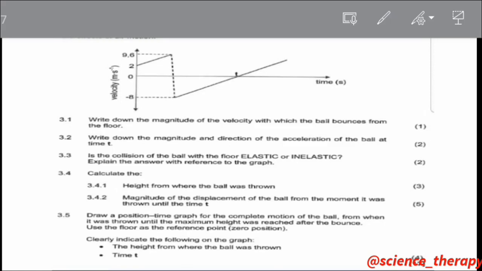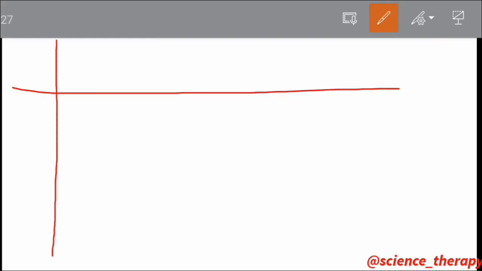Then clearly indicate the following on the graph. So now we are using the floor as the reference. And remember, we took downward as positive. So that means for a position versus time graph, when downward is taken as positive, your graph has to start below the x-axis. So here we indicate this is negative 4.50.